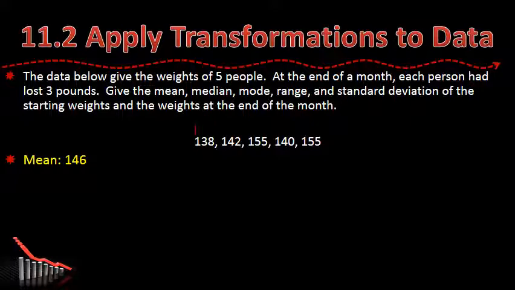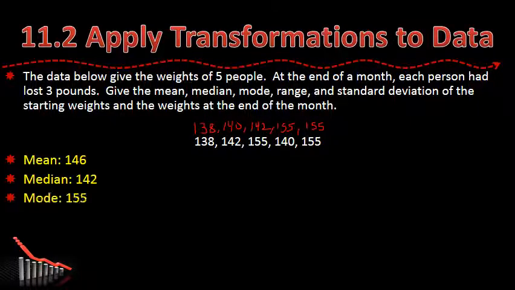The smallest one is 138, and then 140, and then 142, and 155, and then the other 155. So the median, you can see in the middle there, is 142. And the mode is the one that's there most often, so that would be the 155.